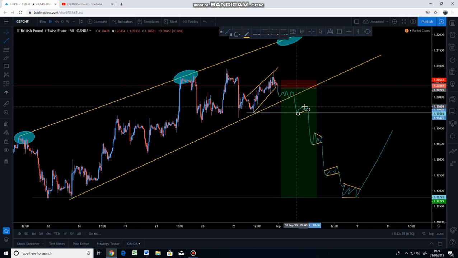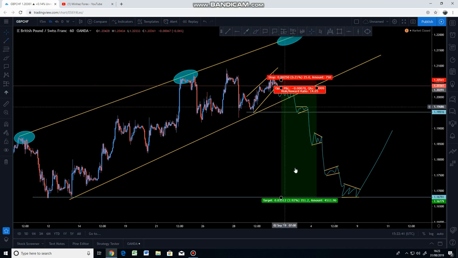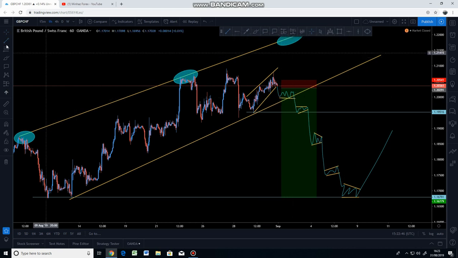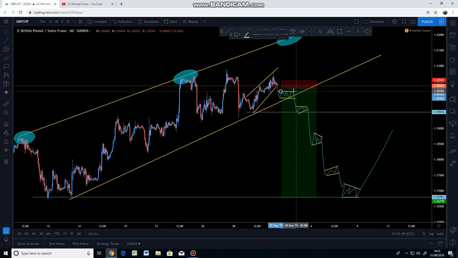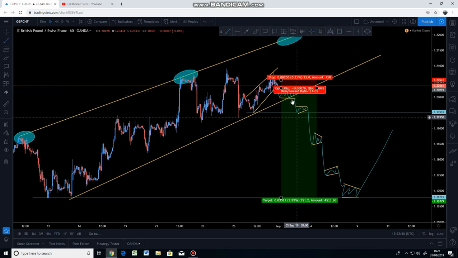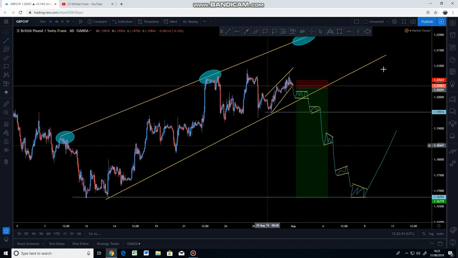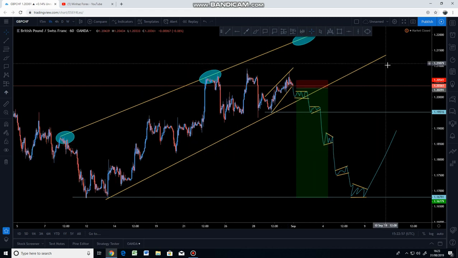Now, why am I happy? Because I know this is such a great setup to come to the downside. I'd rather risk my 1% and get in again into the market and catch that next 14% because I know I'll recover my loss. So this is what I'm looking at, guys, on GBPCHF.